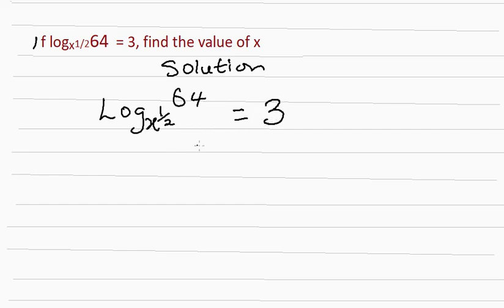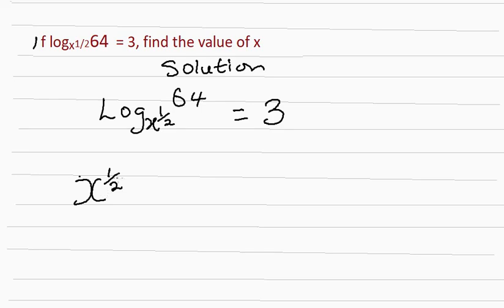I told you exactly how to solve equations in logarithm. We need to eliminate the log. If we had log on both sides, I would have cancelled the log. Since we don't have log on both sides, I have to use exponent. I have to take the exponent of the base. The base is x raised to the power 1 all over 2, of both sides of the log.